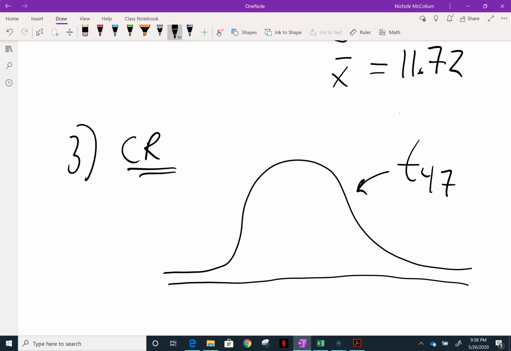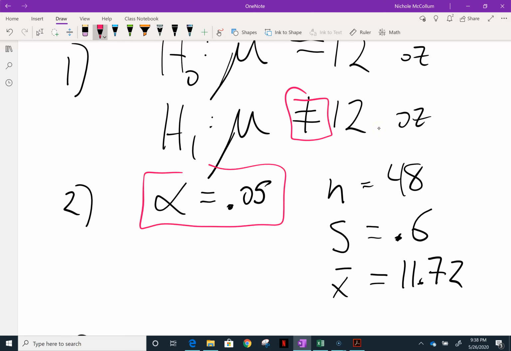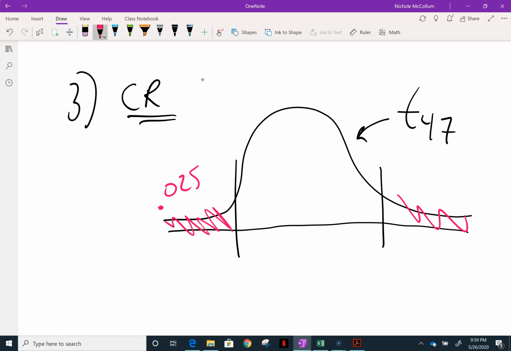All right, how do I know how to draw my picture? I isolate this and this. Those two key pieces of information give me my critical region. The not equal to means 2 bars. The alpha is how much area is outside of the bars. So back to my picture: 2 bars because of the not equal to, and 5% is outside, total outside. And so that means I have 2.5% each time.